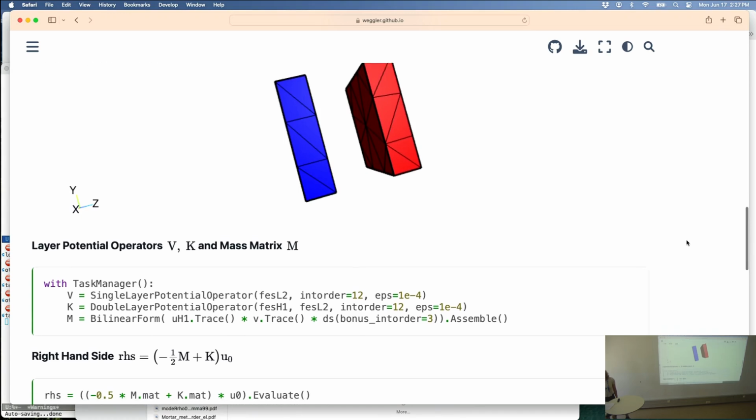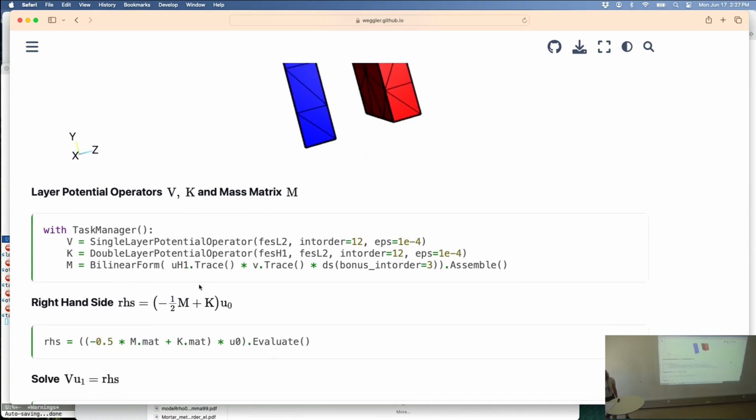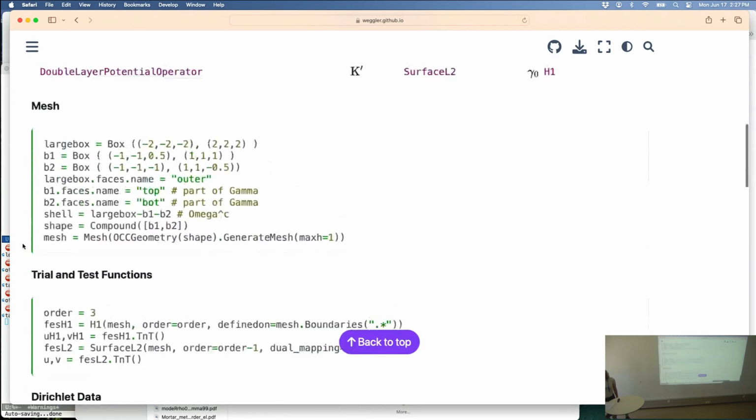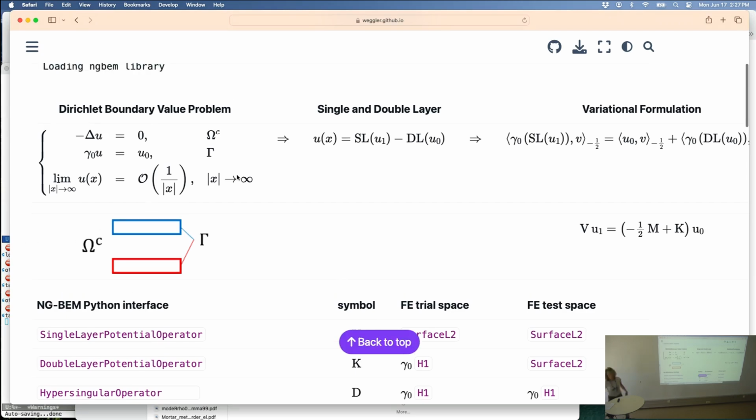Now we solve this with a layer potential. What ansatz did I choose? I choose a single layer potential ansatz, and I choose what we call a direct method.